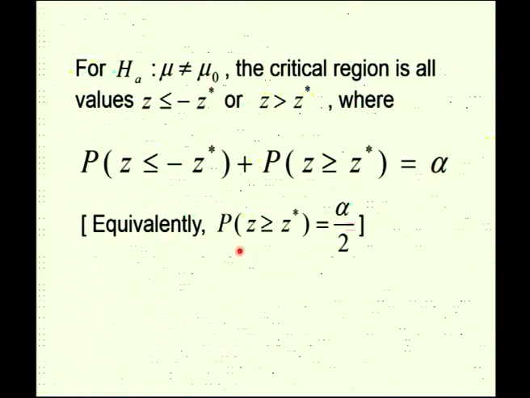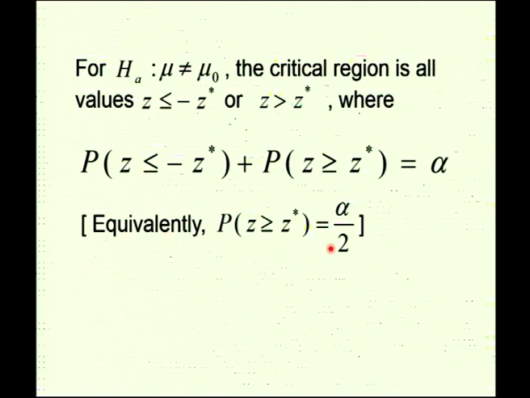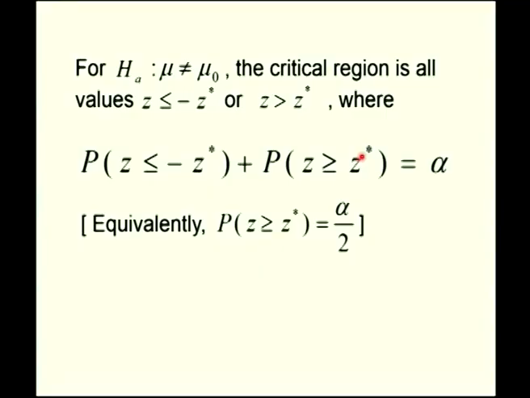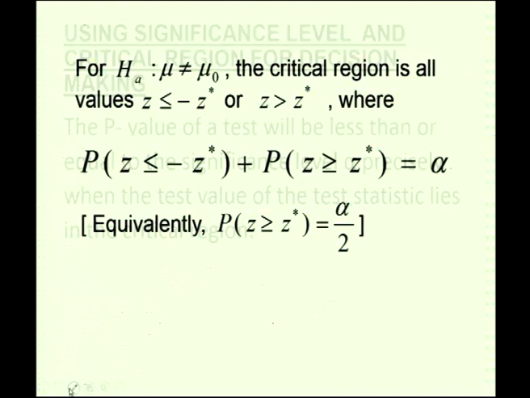Equivalently, P of Z greater than Z star is equal to alpha by 2, because of the symmetry of the probabilities in the standard normal distribution. For example, as discussed in the previous session, with alpha equal to 5% level of significance, the Z star values are plus and minus 1.96.